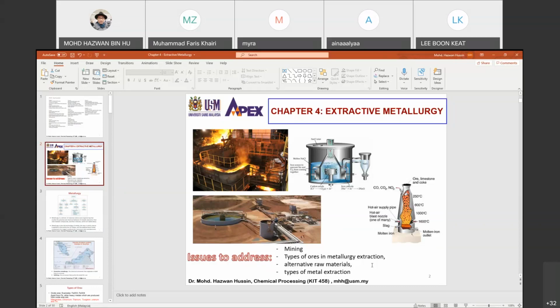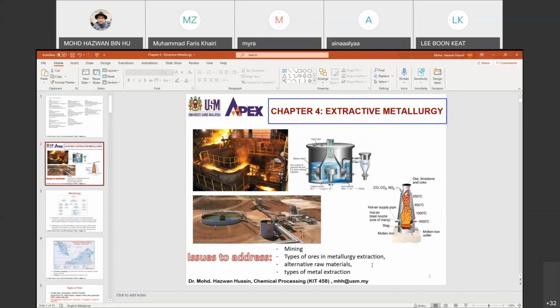In fact, in the recycle industry, metals are one of the materials that can be recycled, right? So the things that you are going to address in this chapter, of course, the first one is basically mining, how we can obtain the ores or the source material for metals.